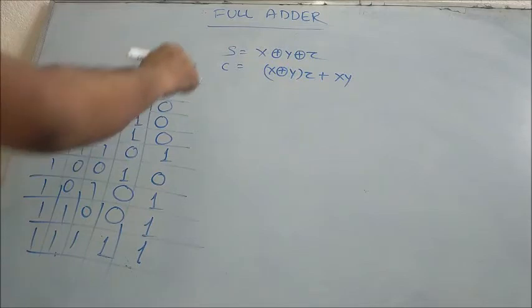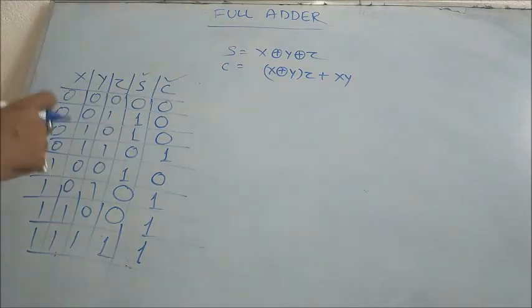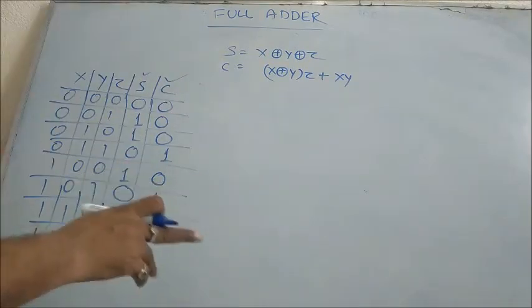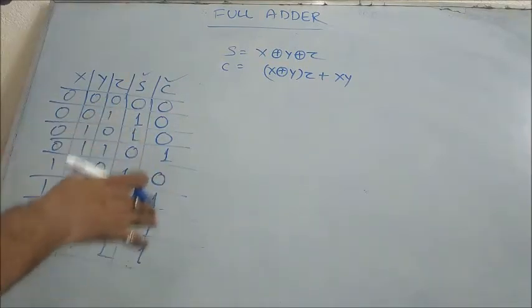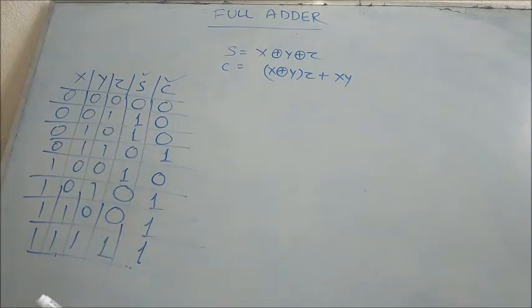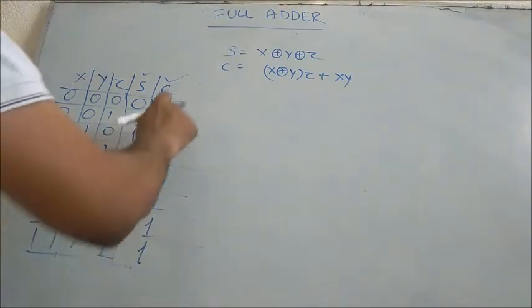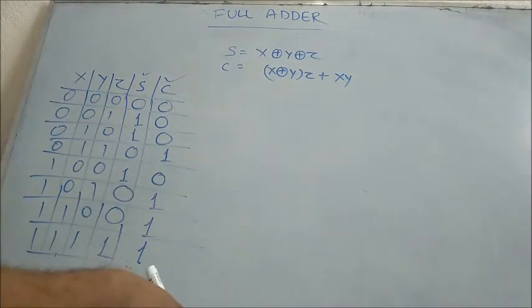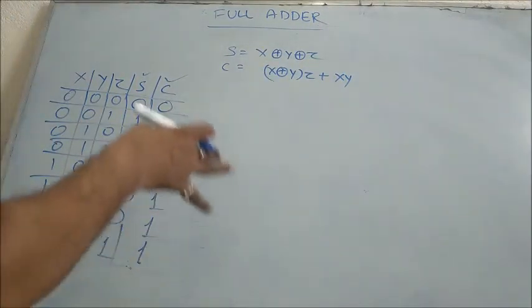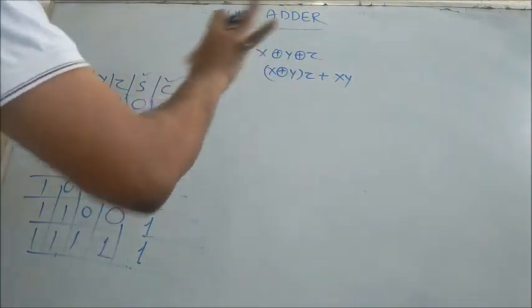So on the basis of these two terms, let's try to design the logic diagram, not block diagram, of the full adder on the basis of half adder. I am just drawing the logic diagram, and on that basis I will explain these two.